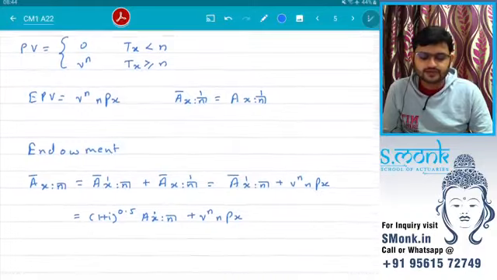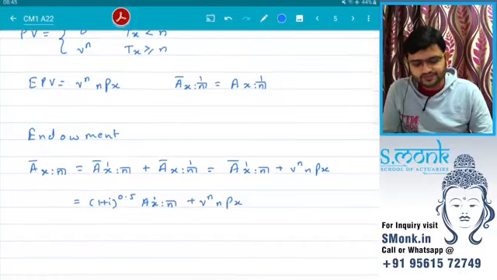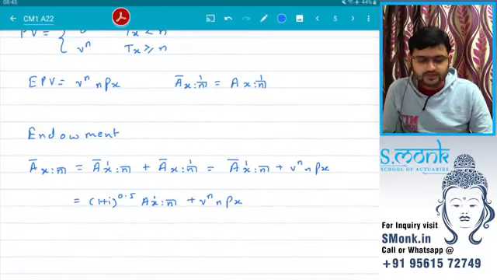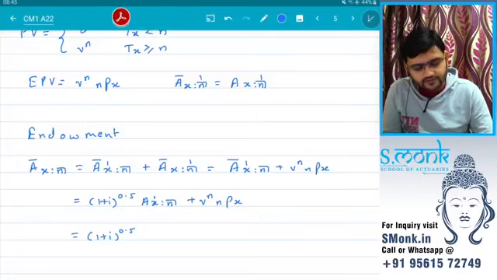This is what we get. We can also make the relation in terms of, okay, just leave it like this. If you want to make it in terms of the endowment, have 1 plus i raised to 0.5. This can be written in terms of endowment.